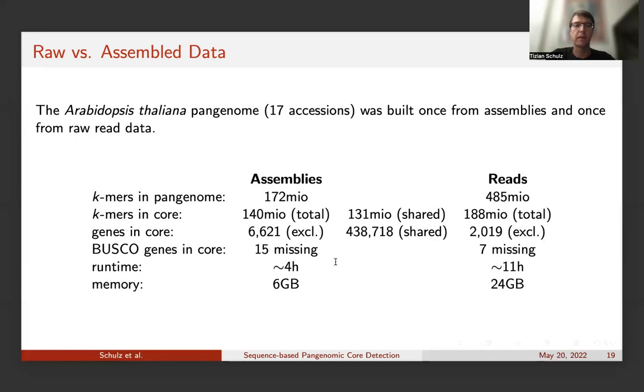So this means that actually all Busco genes should appear in the core of our pangenome, because all accessions of Arabidopsis thaliana belong to this taxonomic classification. However, 15 Busco genes were missing in the core of the assembly graph, and only 7 were missing in the read graph.